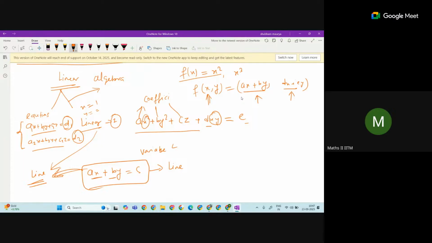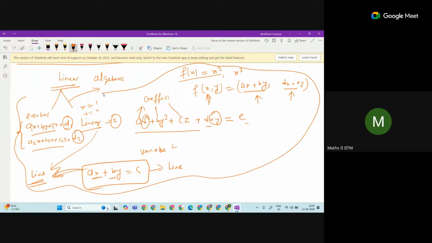So from here you can say the linear comes from this, because we are going to play around with all of these. If you see the whole course, we only deal with such kinds of things. Only these two play the main key role: solving the system of linear equations and this kind of function.